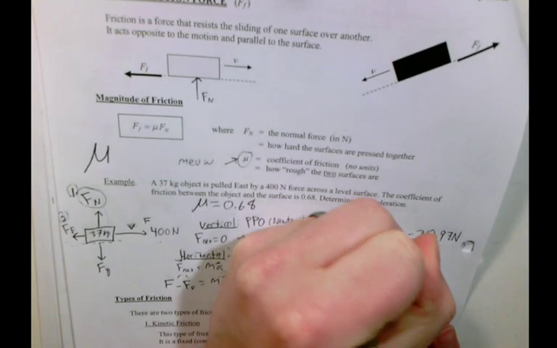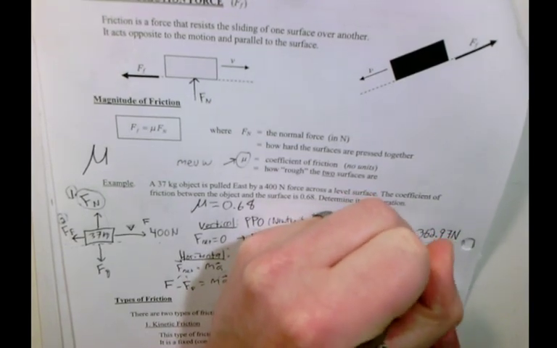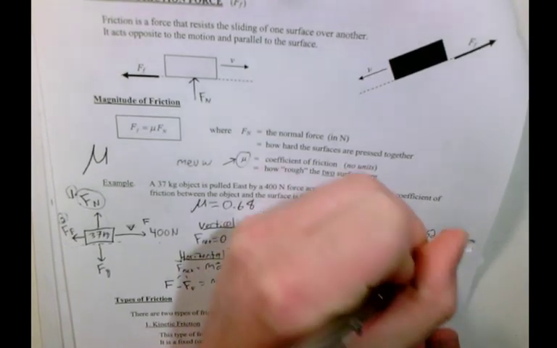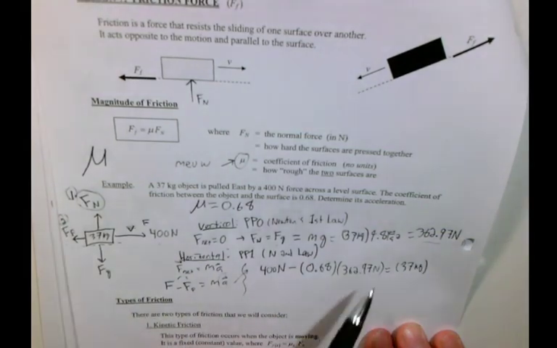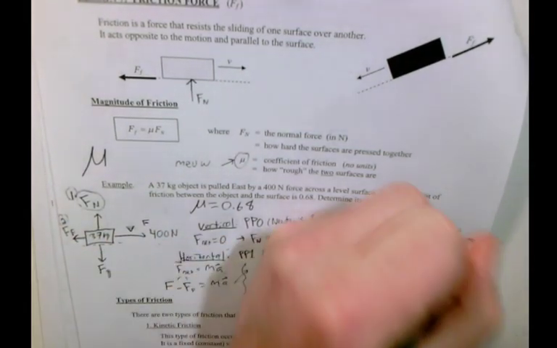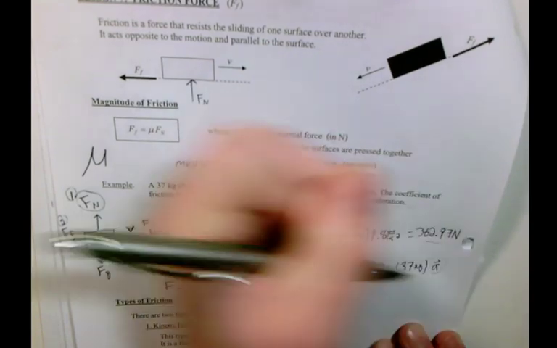And that all is equal to our mass of 37 kilograms. I'm just substituting all the values I know from this equation in here, times our unknown acceleration.